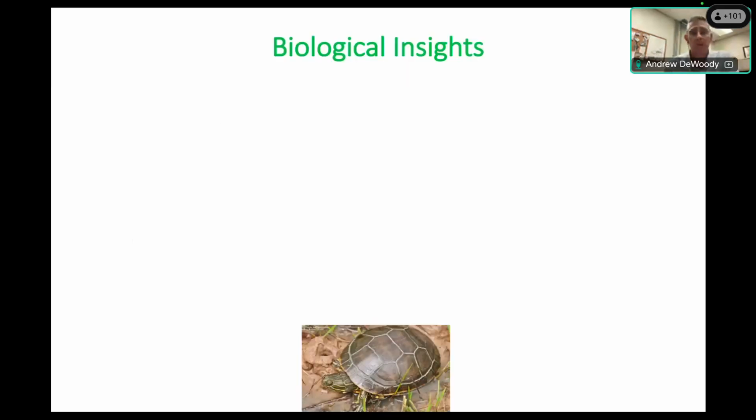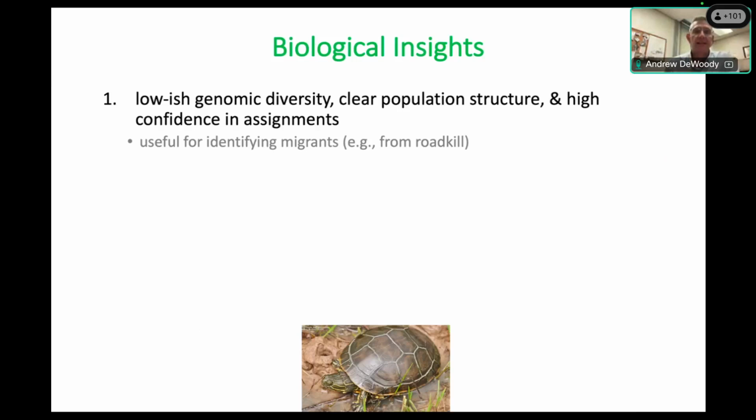So some of the insights that I think have emerged are lowish genomic diversity in western chicken turtles, clear population structure, and high confidence in population assignments, which, as I mentioned, could be useful for identifying migrants or dispersers.